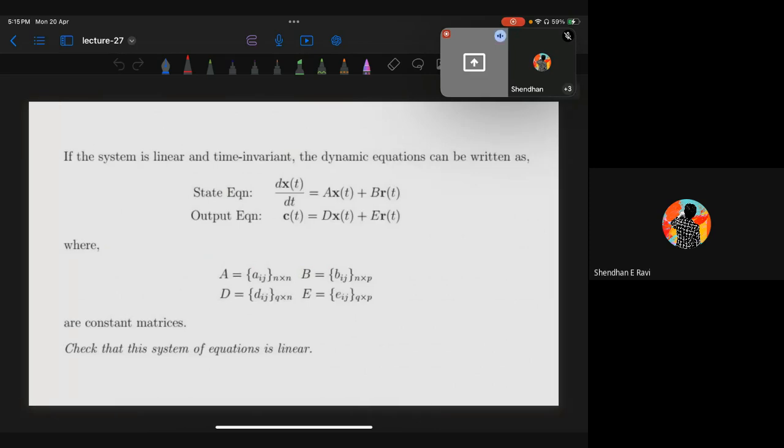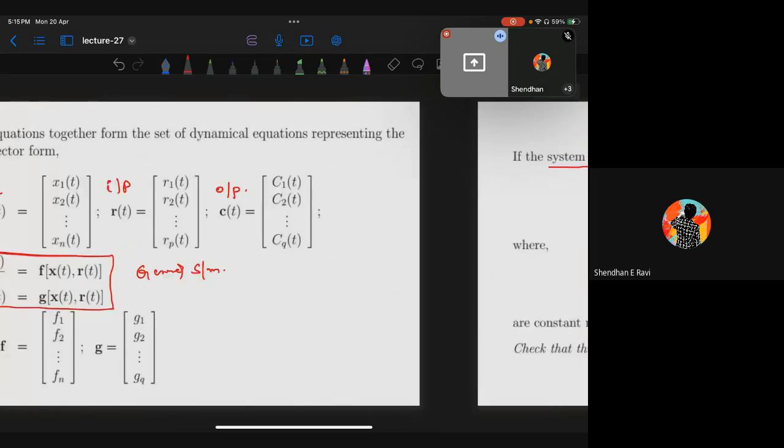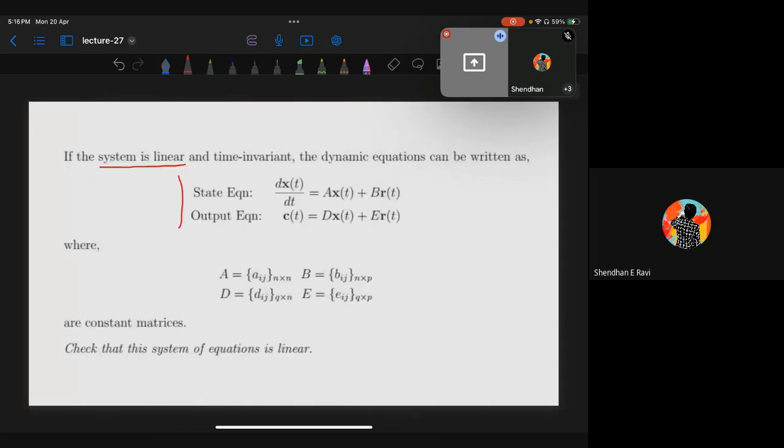When you consider that your system is linear, these two equations in general will be represented like this: dx by dt equal to ax of t plus br of t, and c is equal to dx of t plus er of t. The first one is called the state equation.